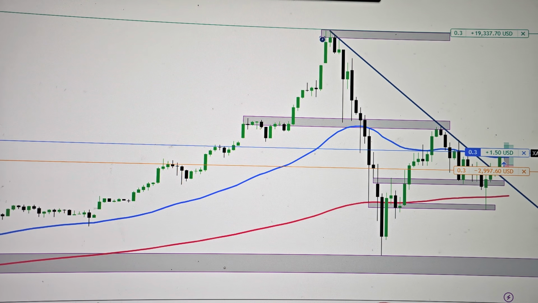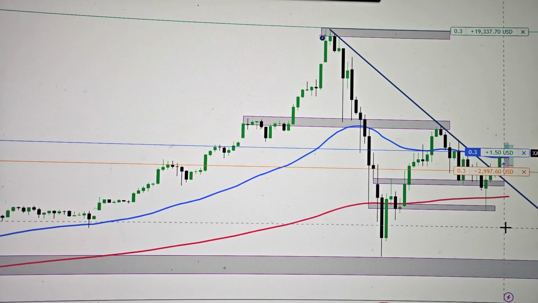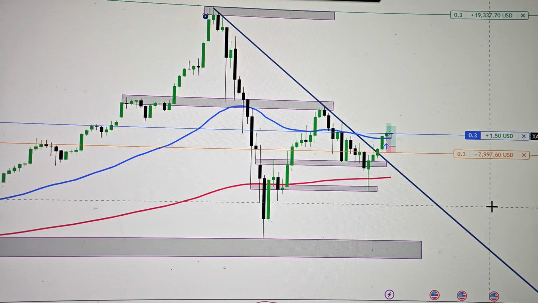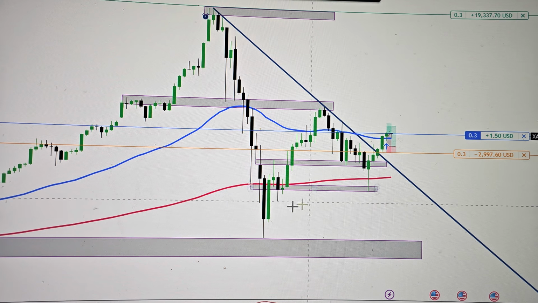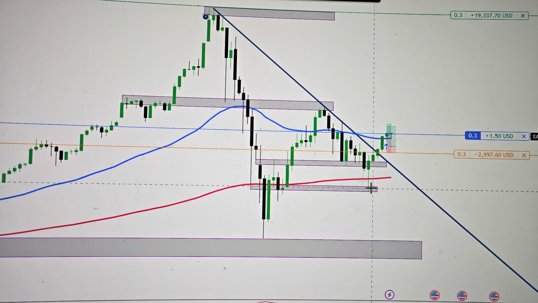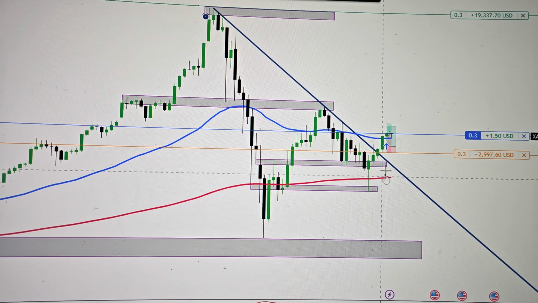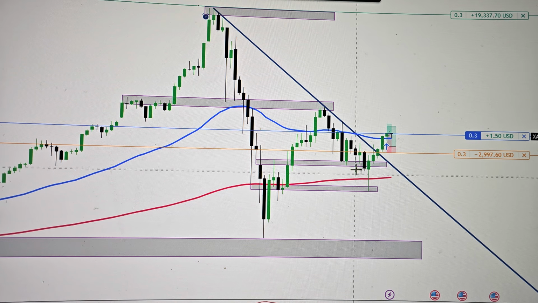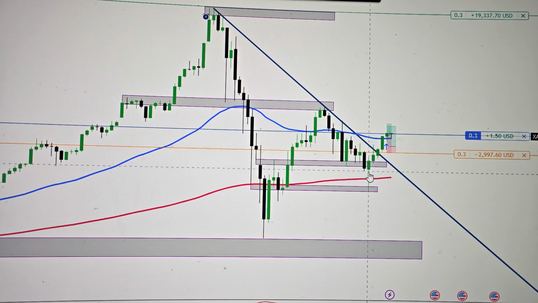On episode number 8, we talked about where this market could potentially go. We said it retested the zone. It could come down, break this zone and go down, or it could go in between these two internal zones.